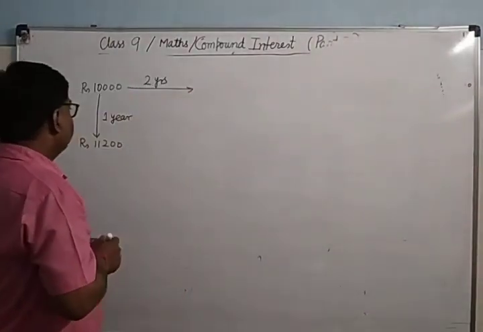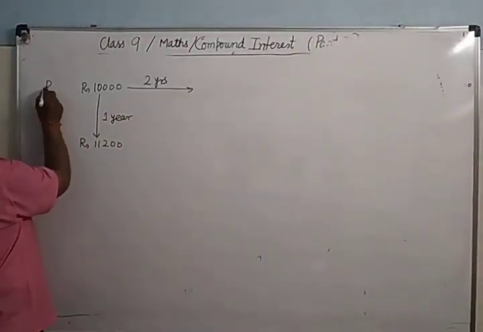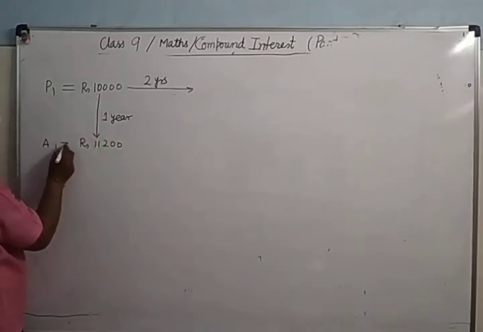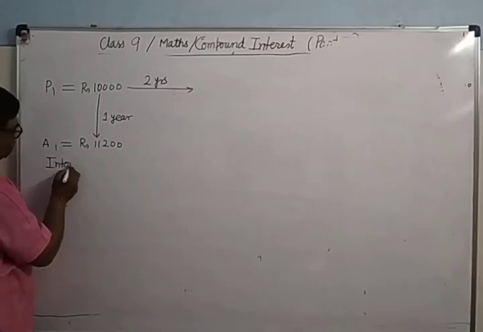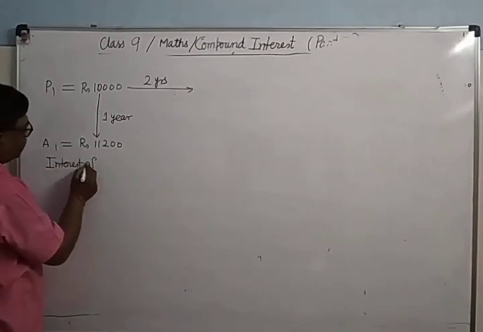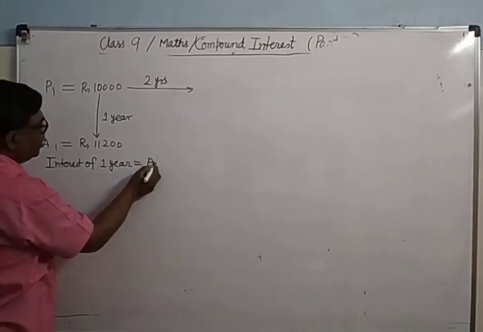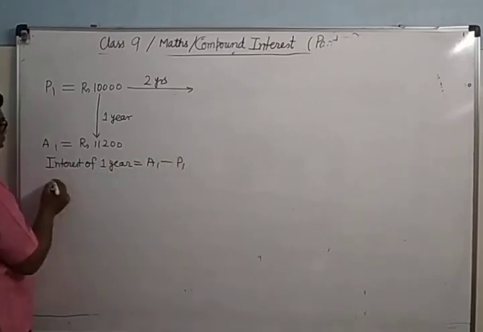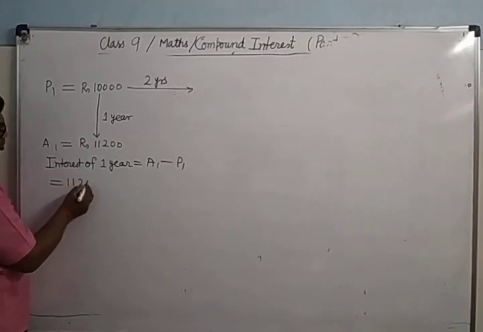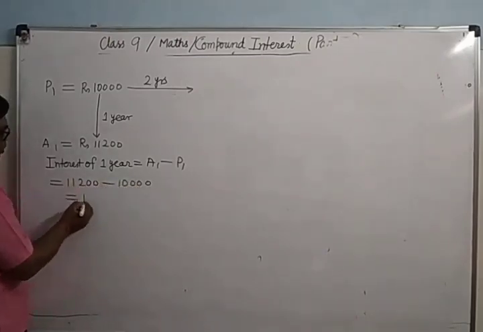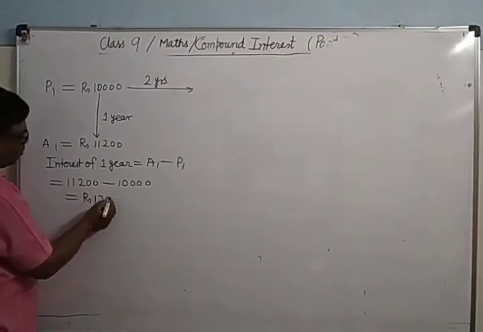So you can see here, this is the original sum, this is P1. After 1 year it becomes this, therefore it will be equal to A1. So what is the interest of 1 year? Interest of 1 year is A1 minus P1, 11200 minus 10000, so rupees 1200.